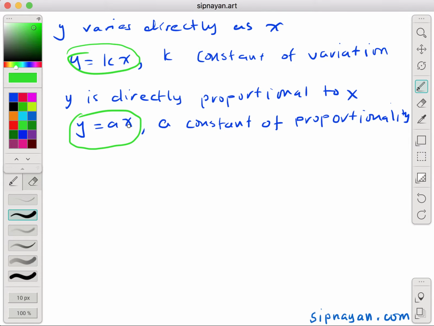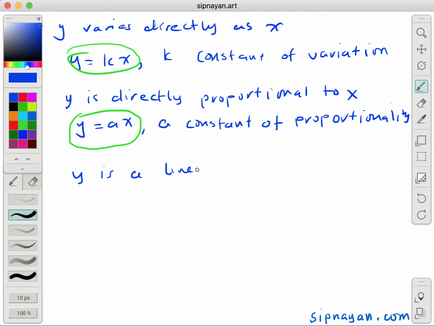And another is, kung nag-aral na kayo ng functions, pag sinabi natin y is a linear function of x, then pwede rin natin sabihin na y equals mx plus b, where m is the slope.